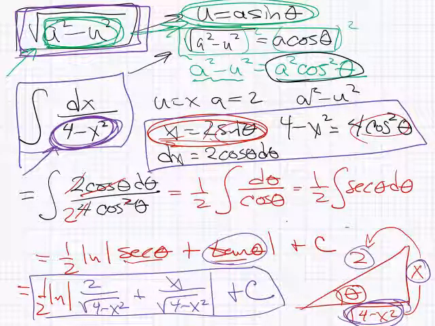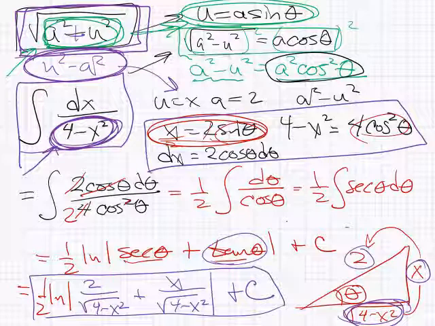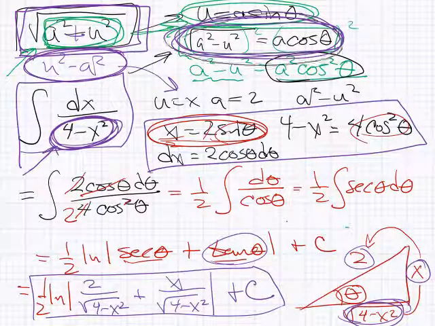You could still do trig substitution even if that square root isn't there. If you had just a squared minus u squared, a squared plus u squared, or u squared minus a squared was the only piece you had, you can try to use trig substitution still. And it's just about turning this piece around by squaring both sides of the equation and getting rid of the square root.